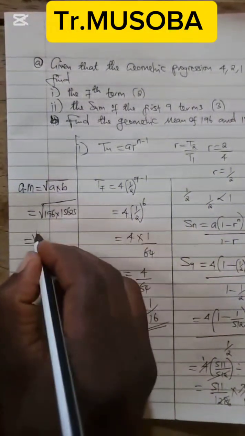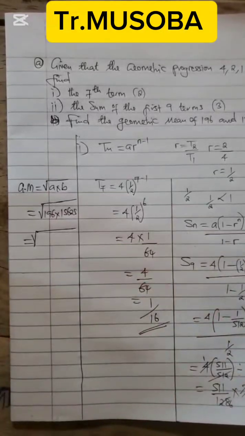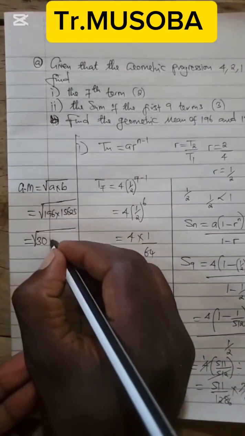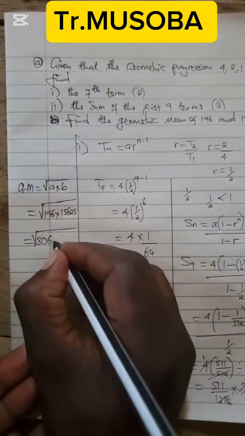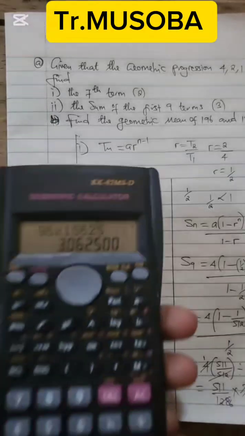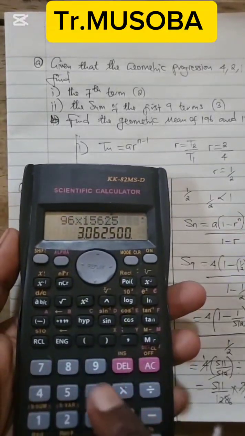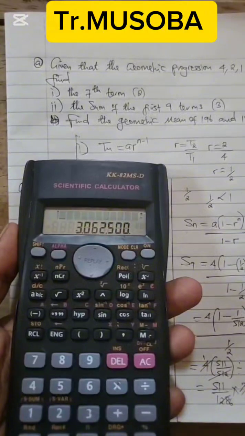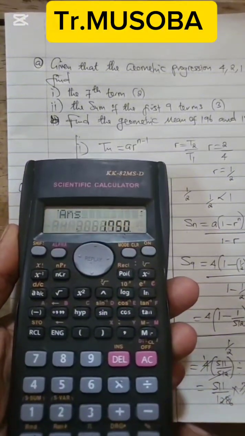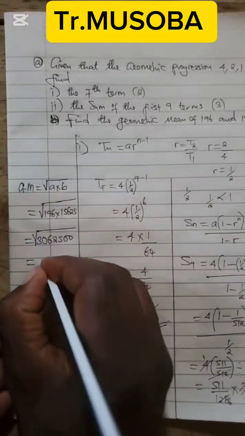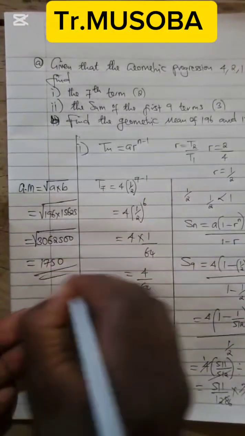From there, you get your calculator. It's not a forcing matter. You're getting 3,062,500. Then you come here. You say square root of the answer, and you press equal sign. So we have 1750 as our answer.